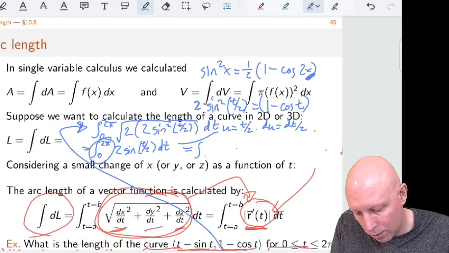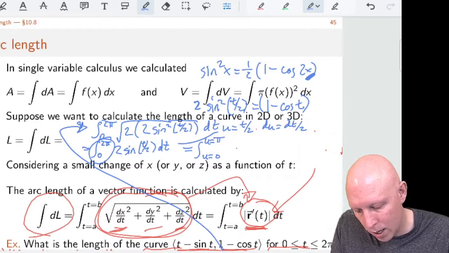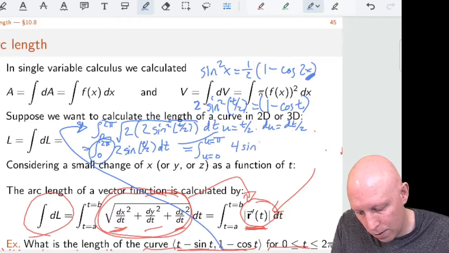If u is equal to t over 2, then we get the integral from u equal to 0 to u equal to pi of 4 sine of u du.